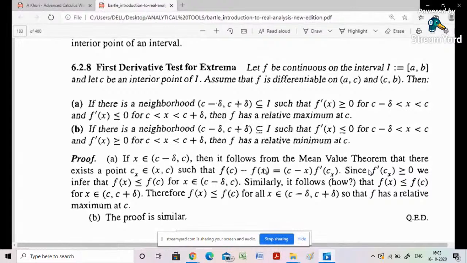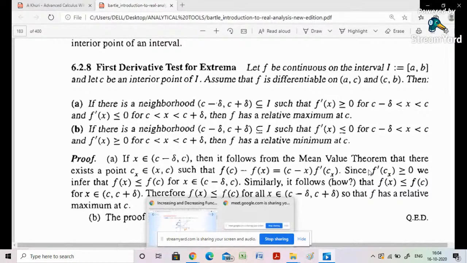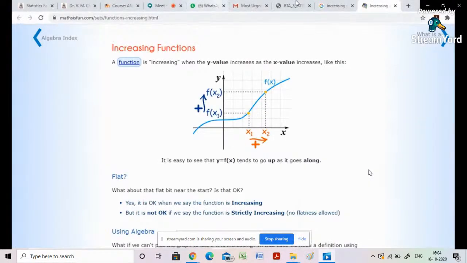If there is a neighborhood (c minus delta, c plus delta) in I such that f dash is positive for c minus delta less than x less than c, and f dash is less than 0 on the right side, c less than x less than c plus delta, then f has a relative maximum. I will show the figure.